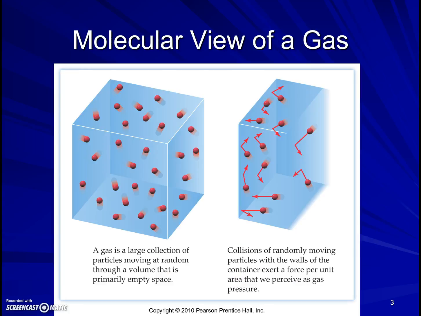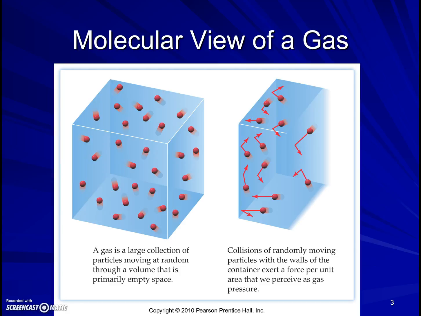A little bit of a molecular view of gases, and this is an inaccurate molecular view, and I'll talk about why in a moment, but it does a good job of giving us an idea of what's going on. A gas is a large collection of particles that are moving around at random in a place that's primarily space. So the thing that's inaccurate about these drawings of how collisions work and how gases move around in space is that compared to the size of the space between them, gas molecules are actually much, much smaller than this.